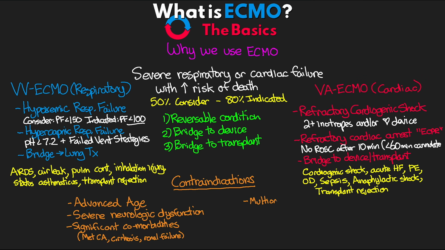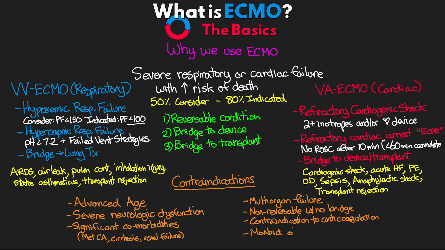Also, if the patient is in multi-organ failure, has some sort of non-reversible illness without a bridge as an option for them, if they have contraindication to anticoagulation, as well as morbid obesity.